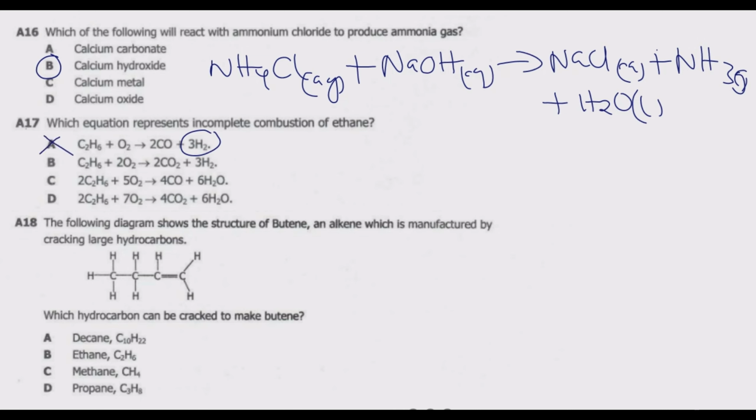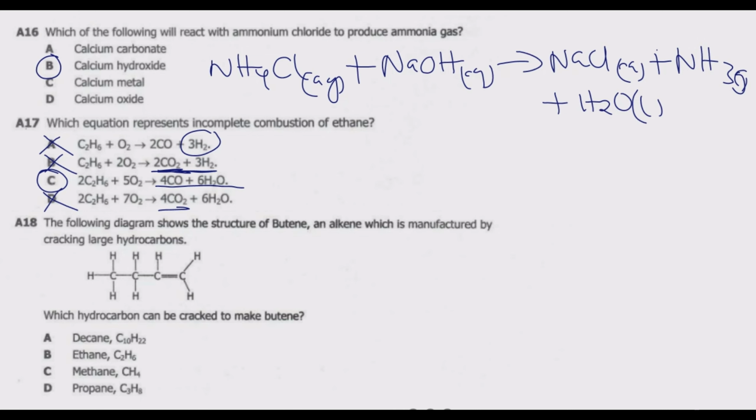So A is out. B is carbon dioxide, so it's out. We remain with C and D. C has carbon monoxide and water, but D has carbon dioxide, so D is out. So by elimination, C is the best answer. So that's how you deal with this question.